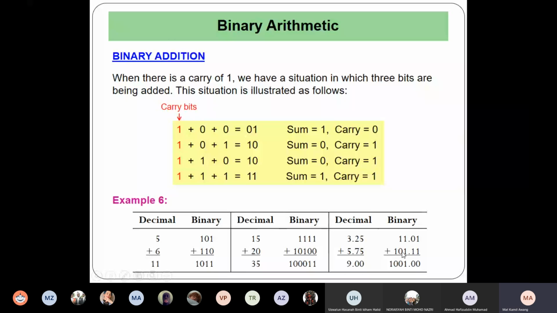So 0 with 1 carry. 1 add 1 is 0 with 1 carry. So the answer is 1001.00. So this is actually 9 in decimal. Any question? Easy.